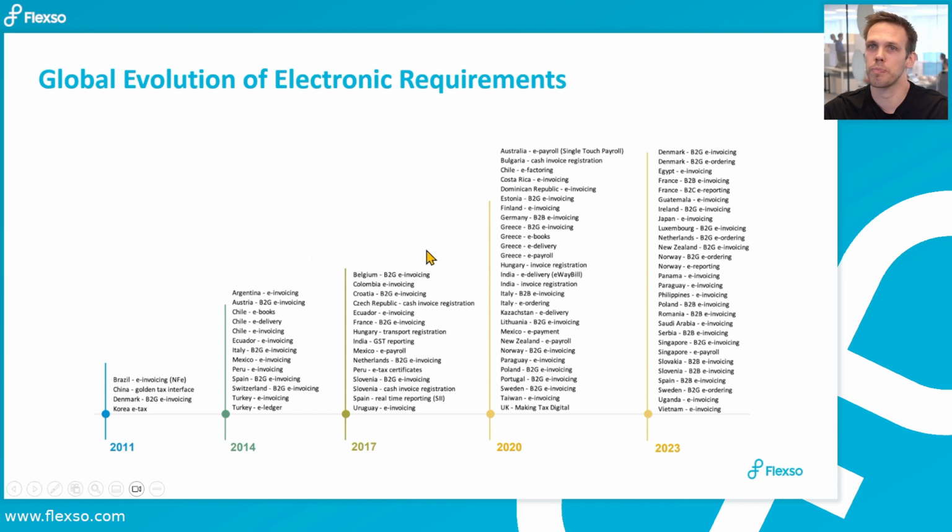Mexico was one of the pioneer countries that came up with this idea for electronic invoices. And over time, this idea came to Europe. As you can see, many countries jumped on this bandwagon, and this brings us today where Belgium is also coming with the regulations for P2B invoicing.